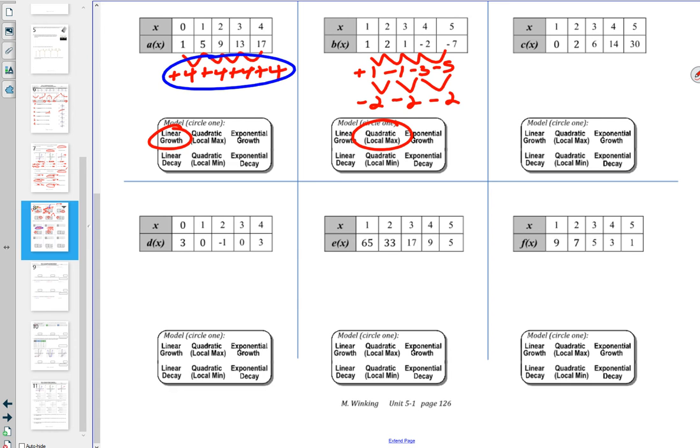Because if it was exponential, there should be a common ratio. 0 times anything is 0. So I'm not seeing where that would be exponential. It can't be linear. So instead of just assuming it's quadratic, let's test it for quadratic. Let's take both differences.